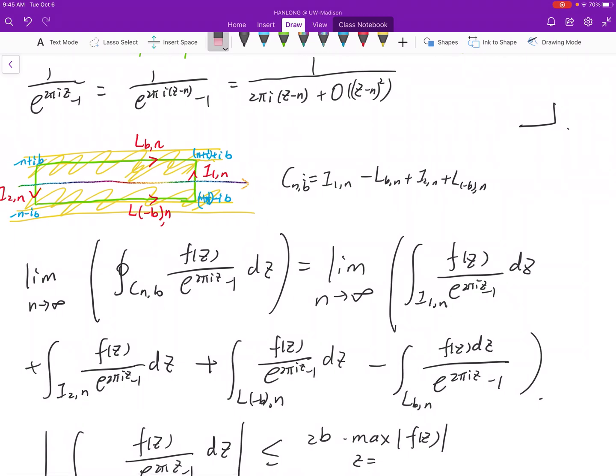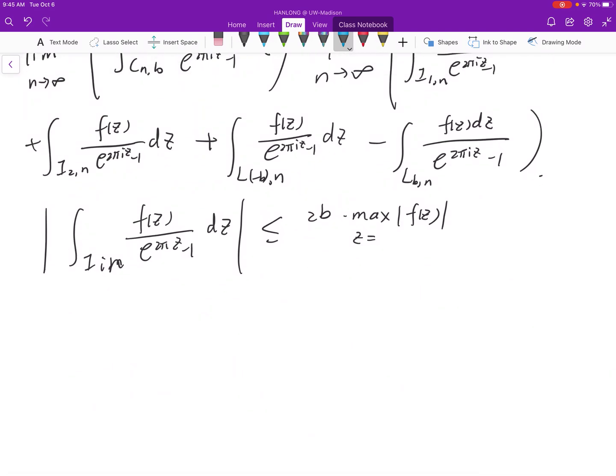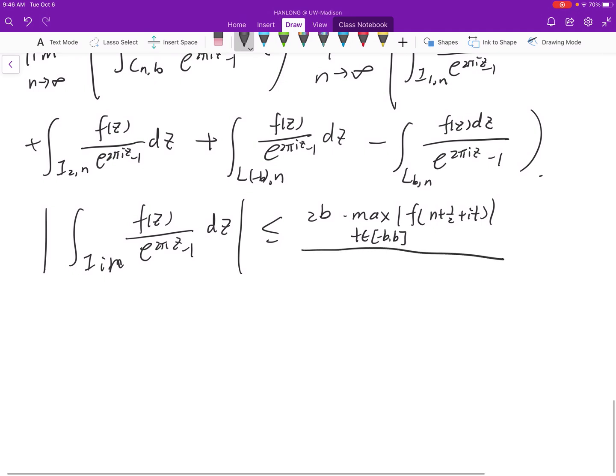Here you have negative m plus 1/2. So z is m plus 1/2 plus it, where t is from negative b to b.